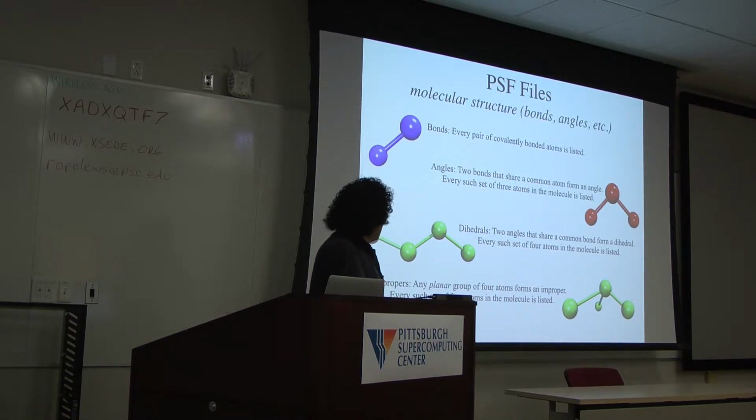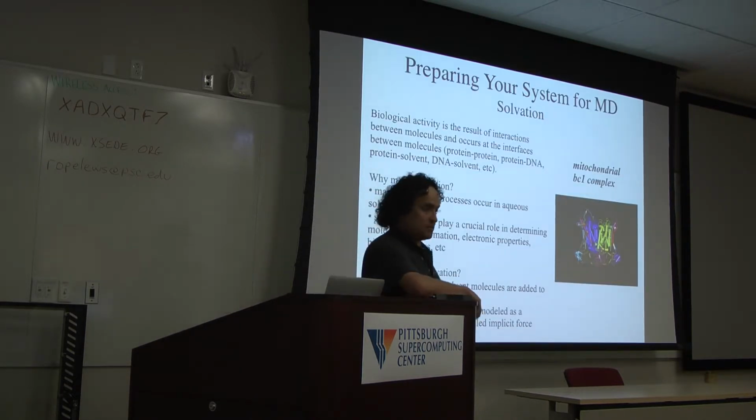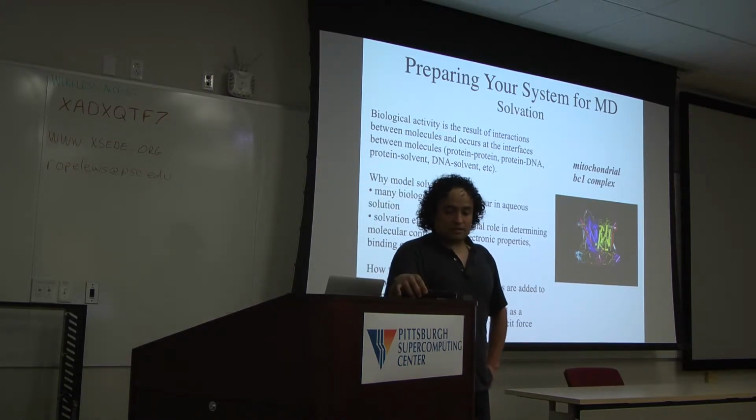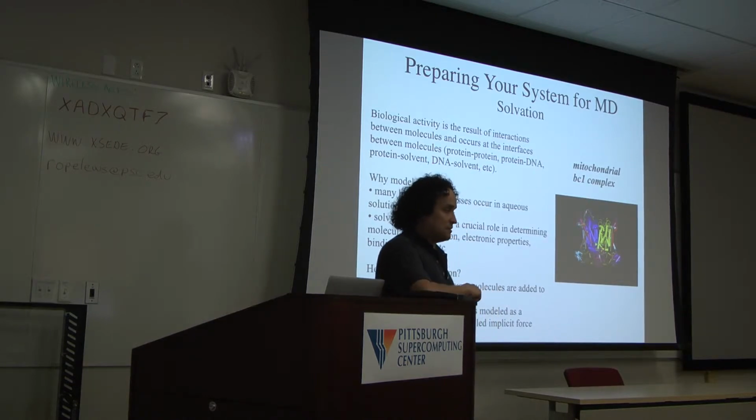In any case, I know you did some of these yesterday, but let's talk about it a little bit again. Something you want to do when you prepare your system is obviously add the solvation box, right? You need to add the water surrounding the protein. Adding the water is not necessarily a trivial matter, as many of you would know.